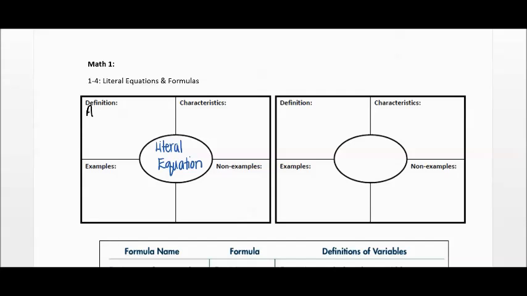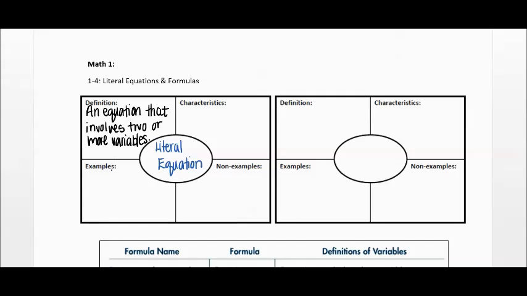is an equation that involves two or more variables.